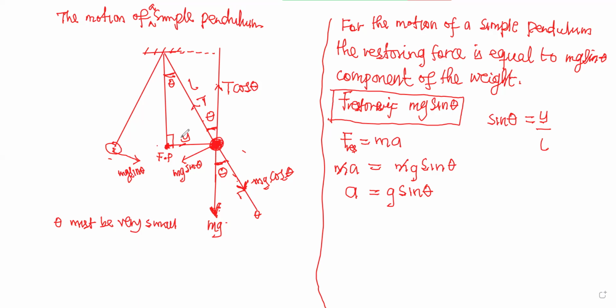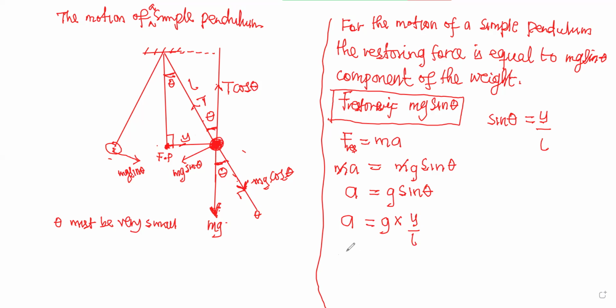Please, here we are looking at length. That is why we are ignoring the tension in the string. So when we substitute this, we have acceleration is equal to g times y over L.